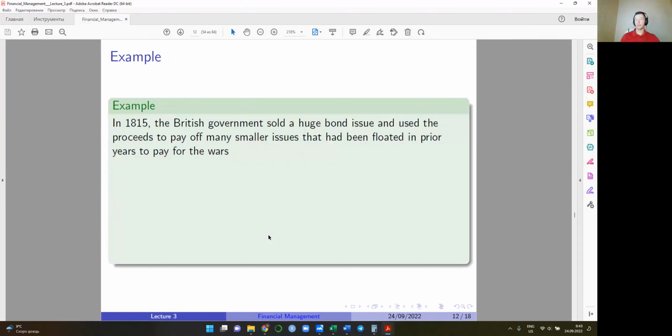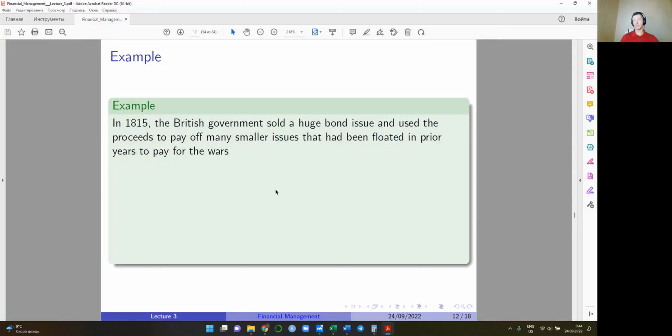Well, there is a practical example. Maybe it's from history, but still, it shows where you can find such a case. In 1815, after the Napoleonic Wars, the British government sold a huge bond issue and used the proceeds to pay off many smaller issues that had been floated in prior years to pay for the wars.